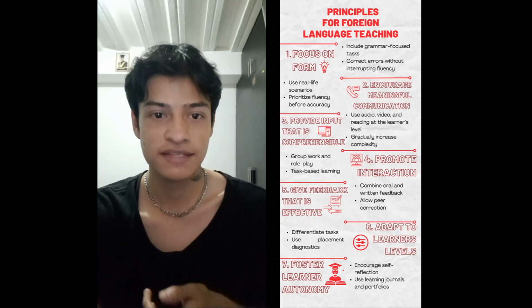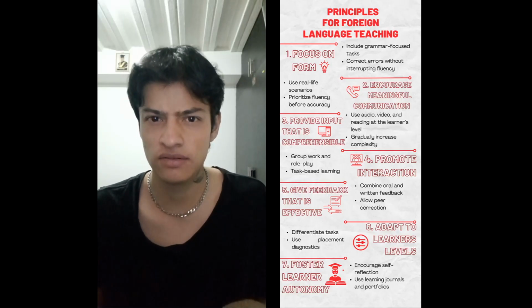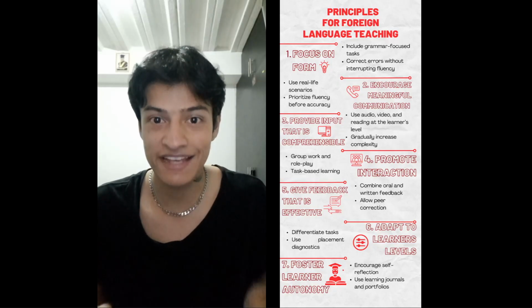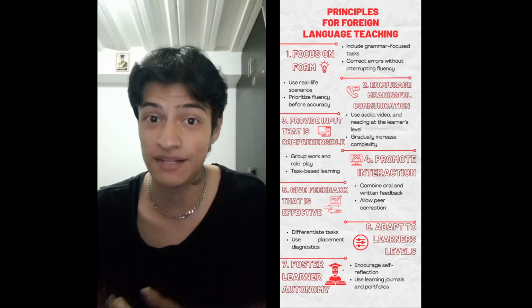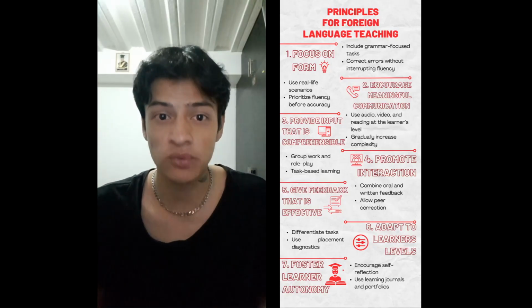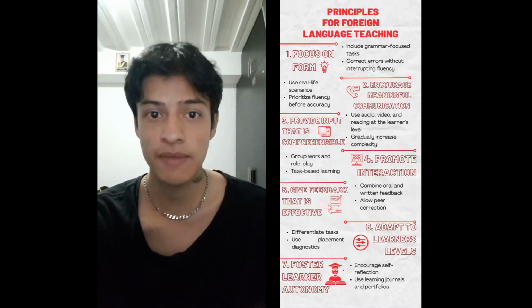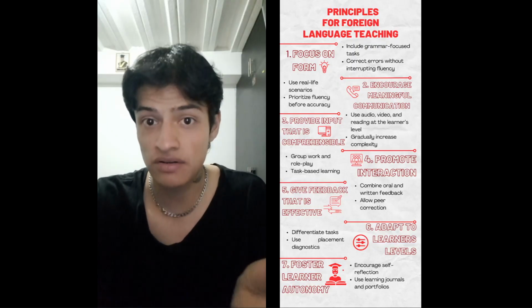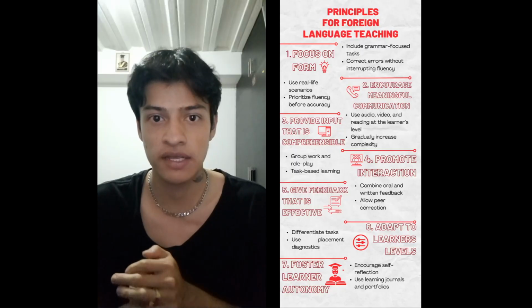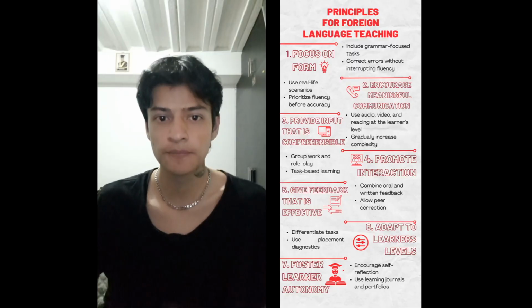For example, instead of saying, hey, that's wrong, the teacher can say, do you mean went instead of go? This helps the students to correct themselves in a more meaningful way. And like I said, according to my research, peer correction and self correction also work very well in many classrooms.